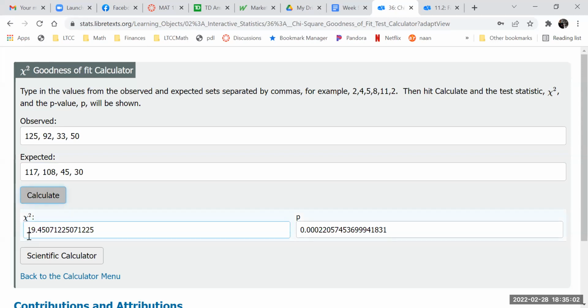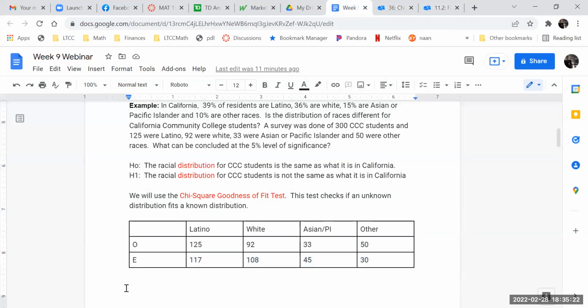And I get a chi-squared, that's the test statistic, of 19.45 or so. And the p-value is small, 0.0002. So let's write that down. The test statistic was 19.45.